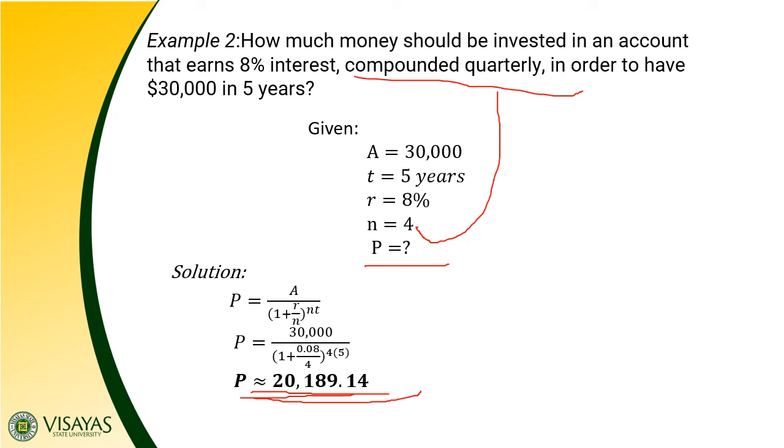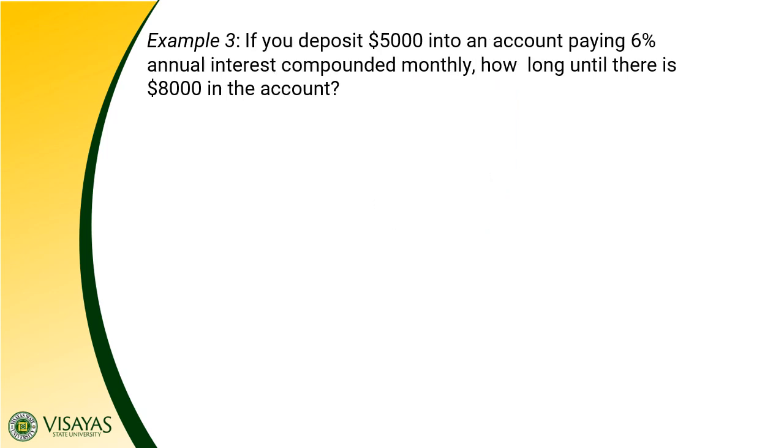Okay? And let's have here another example. If you deposit $5,000 into an account paying 6% annual interest compounded monthly, how long until there is $8,000 in the account? Okay, let's start with the given.